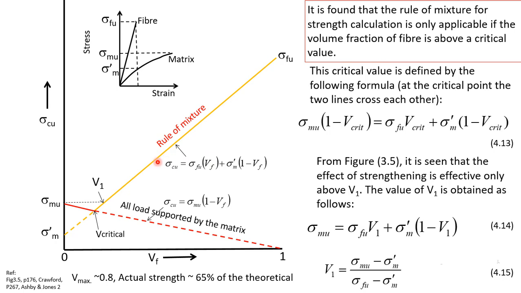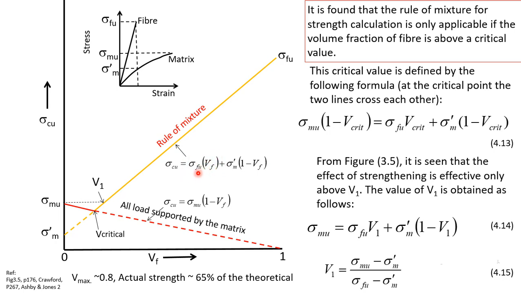Now, from the rule of mixture which we have developed just now, this is the equation. Here sigma cu is equal to sigma fu times volume fraction of fiber, plus sigma m dash times (1 minus Vf). So this is the volume fraction of the matrix. For Vf equal to 1, this part will be 0, and this will be the maximum value, which is sigma fu.